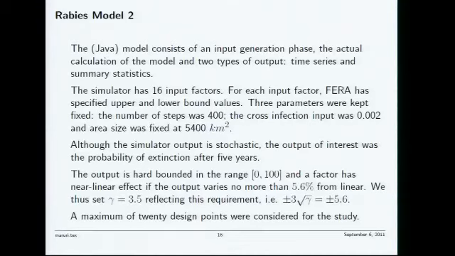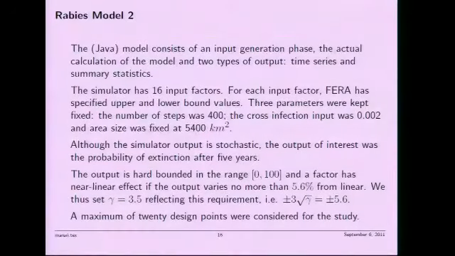Now, this model is programmed in Java and has an input generating phase, the actual computation of the model, and two types of output, time series and statistics. We have 16 input factors, and for each input factor, the owner of this simulator has specified the range of input values. 3 parameters were kept fixed: number of steps, cross-infection input, and area size.